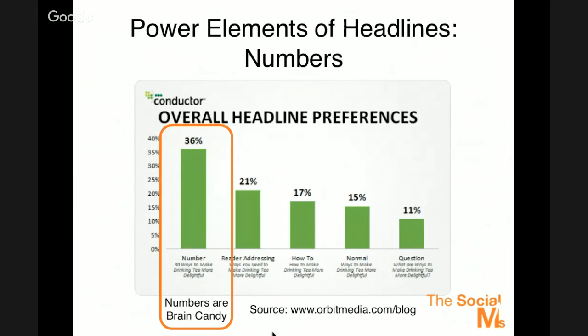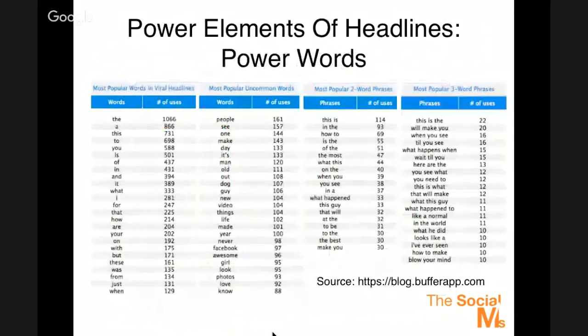Statistics seemingly always tell the truth. So people like numbers. They're easy to understand. They provide some kind of proof, hopefully. So numbers are a really powerful element of headlines.